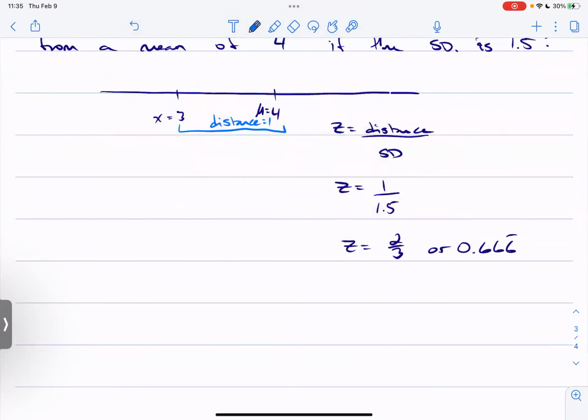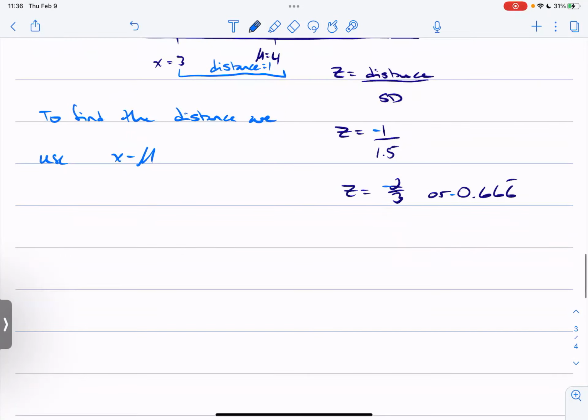To find the distance, we use X minus mu. So really this would be negative 0.66 and so on, because that will ensure that we have negative values of Z if X is below mu and positive values of Z if X is above mu. Let me add that here.